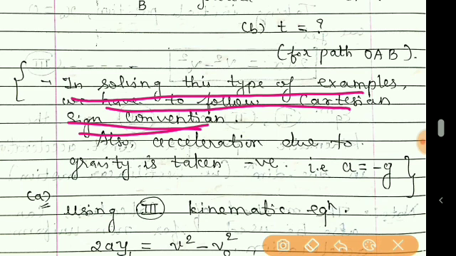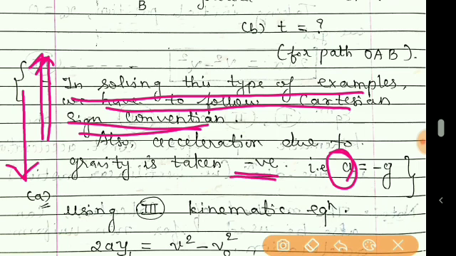Moving in the upward direction, displacement is considered positive. Moving in the downward direction, displacement can be considered negative. But acceleration due to gravity is always taken negative. So students, we have to take this into consideration.